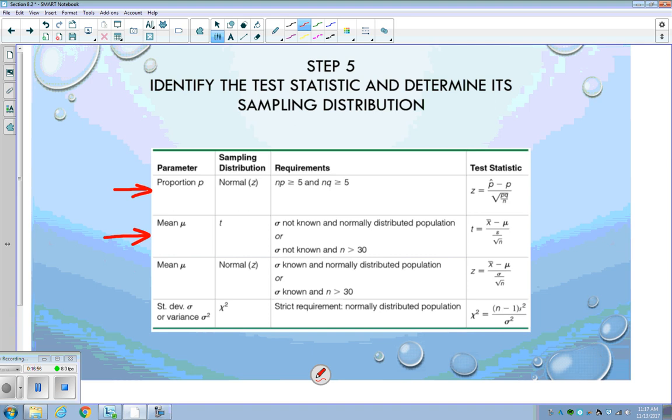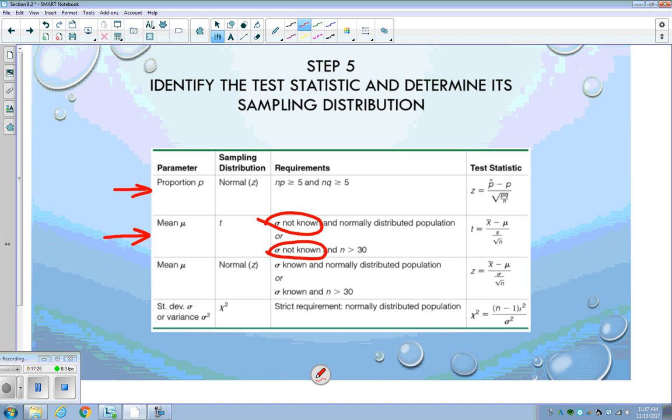When we get to 8.4, we'll be doing the hypothesis around a mean. For a mean, we're going to use the T instead of the Z if, just like before, sigma is not known. Back in 7.3, if sigma was not known, we used the T statistic instead of the Z. Same thing holds true.